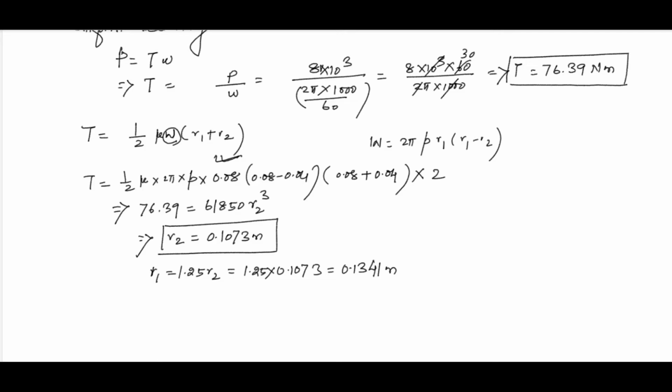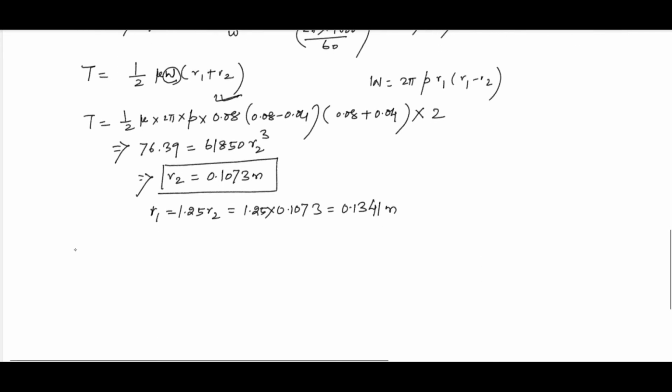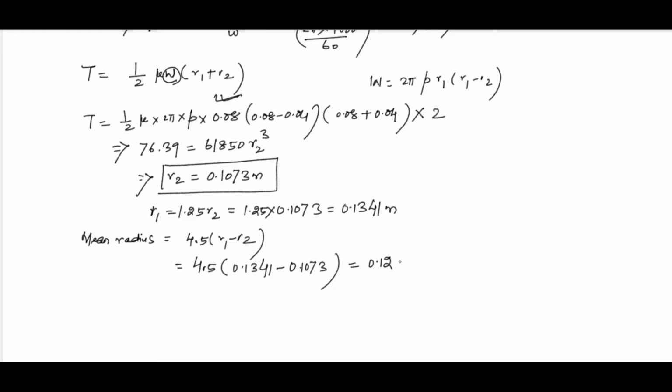Now the mean radius will be 0.5 times of (R1 plus R2), so it is 0.5 (0.1341 plus 0.1073), so this will be 0.1207 meter.